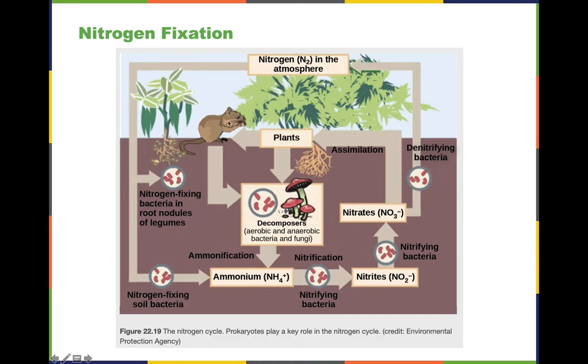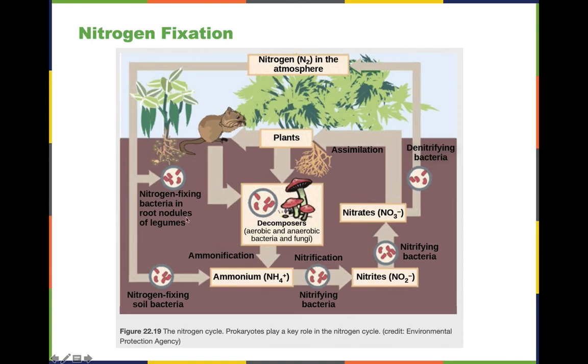Now, other organisms, for example, in this case a rodent, come in and eat the plants. Then this rodent at some point dies, and the decomposers decompose the mouse and return the nitrogen that was present in it back to the soil.